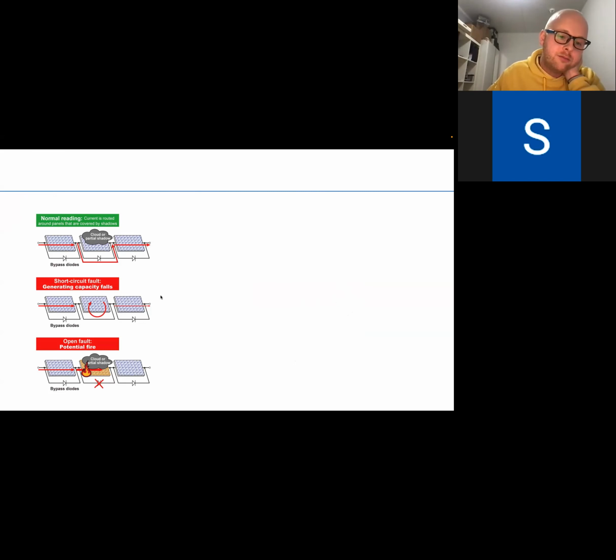Now what you can do with this diode is bypass the solar array. So this bad array, you say, okay, your current is too limiting, so we're just gonna route the current past you. It also makes sure that the voltage of that shaded array becomes close to 0 volt or even a little bit negative because of the diode drop.